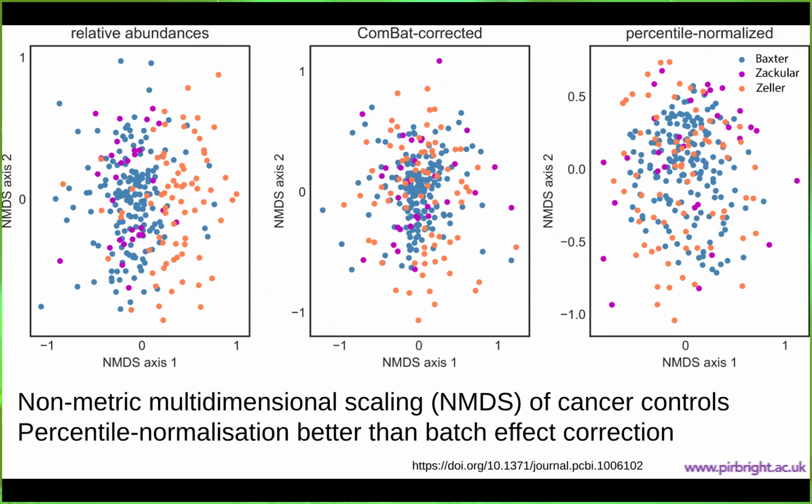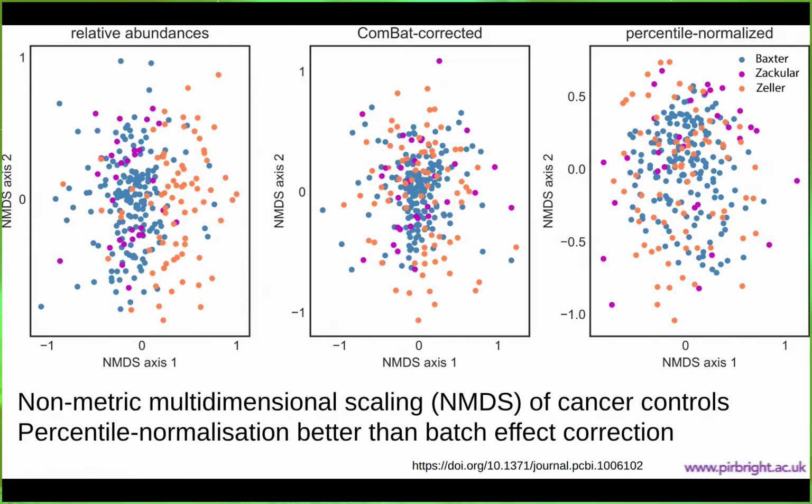So, for example, when we look at different centers in sequencing outputs, if we look at the original abundances and we do non-metric multidimensional scaling, NMDS, on that data, we'll see that there are clear artifacts where the mixing of the different groups is somewhat biased. You can see the orange on the right across axis 1 of the plot, and blue are on the left, and purple are somewhat scattered across axis 2.